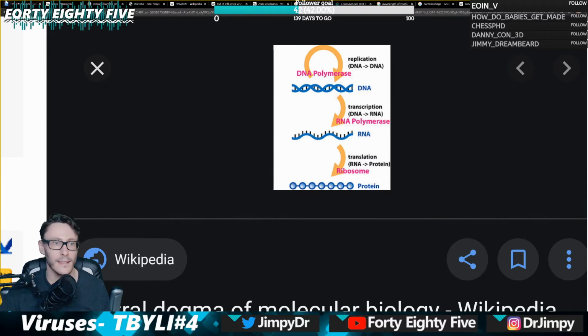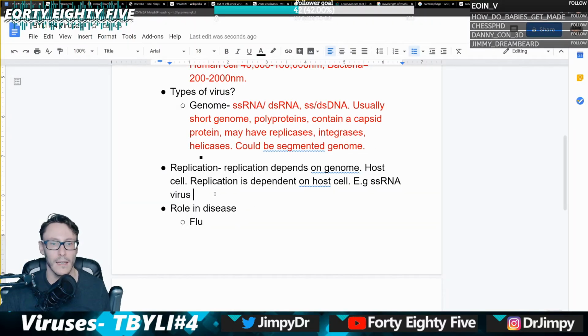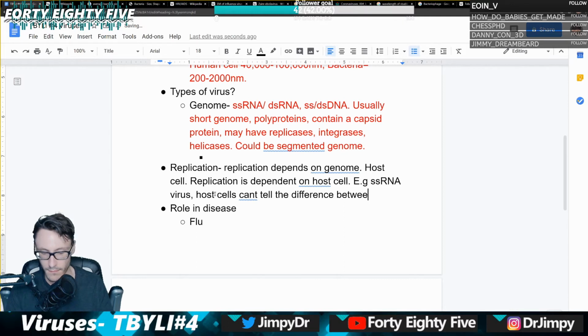The host cell effectively can't tell the difference between viral RNA, specifically single-stranded RNA, and its own mRNA.